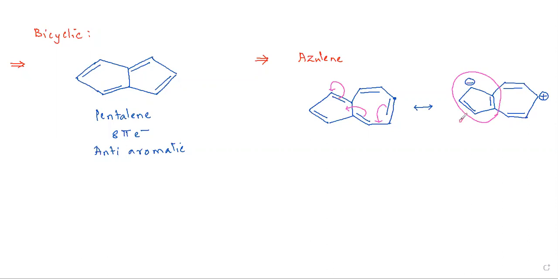Cyclopentadienyl anion and on the other hand, if you see this, it is like cycloheptatrienyl cation, nothing but the tropylium cation, right?